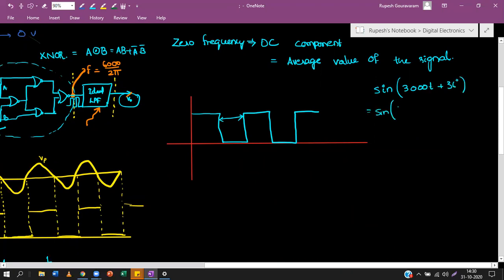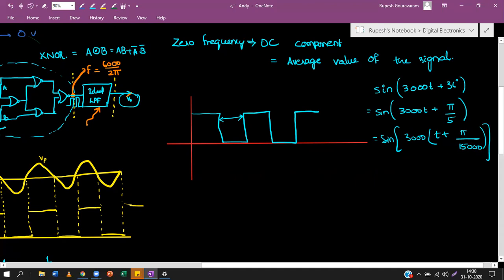This is sine of 3000 t, and if you write the 36 degrees in radians, it will be pi by 5. And from this, if you take 3000 as common, then it will be t plus pi by 15,000. Is it not?